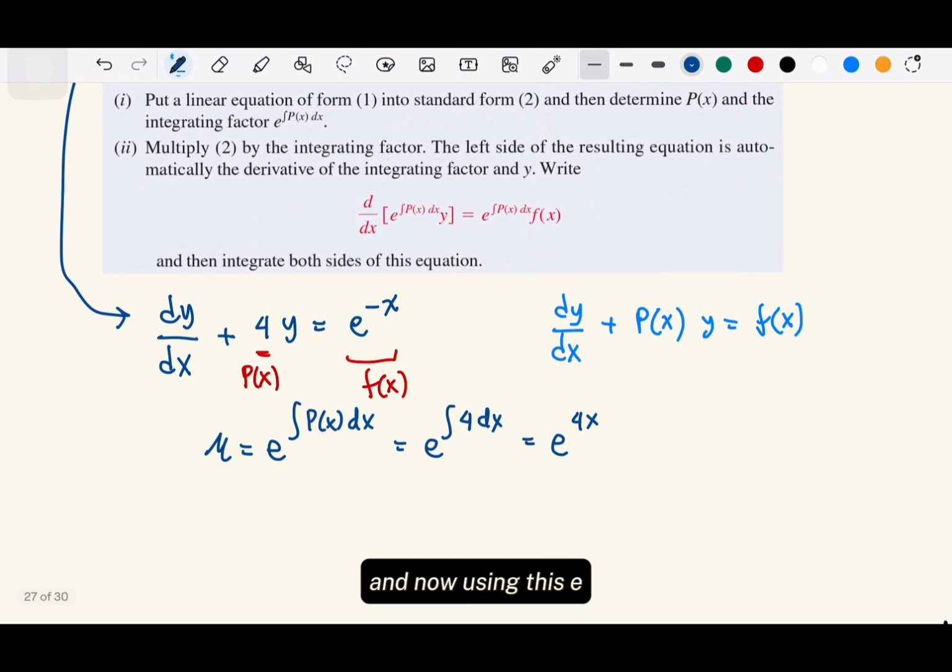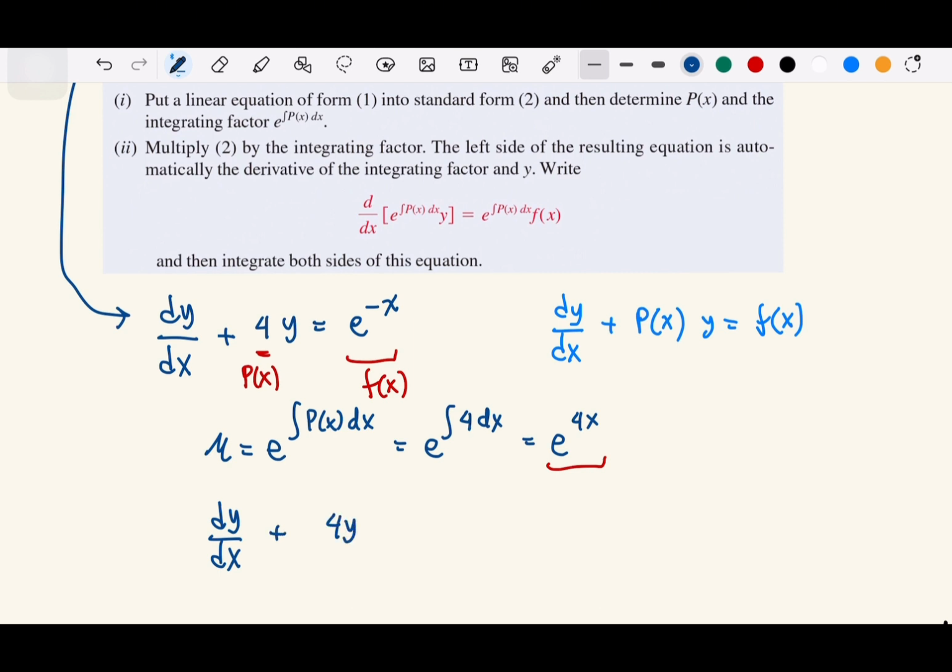And now using this e to the 4x, multiply all components. Let me just write again, and then multiply by e to the 4x. Okay, we multiply.